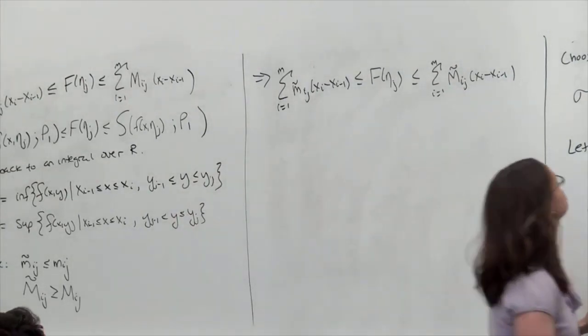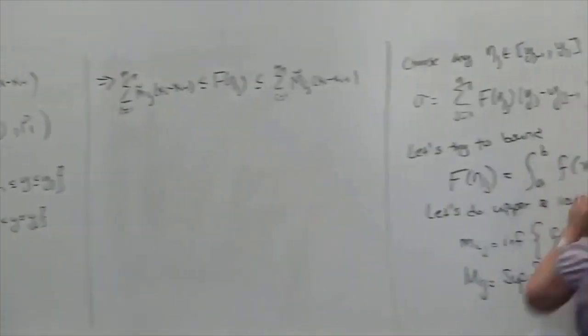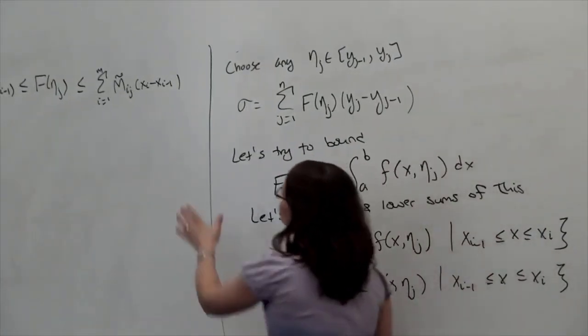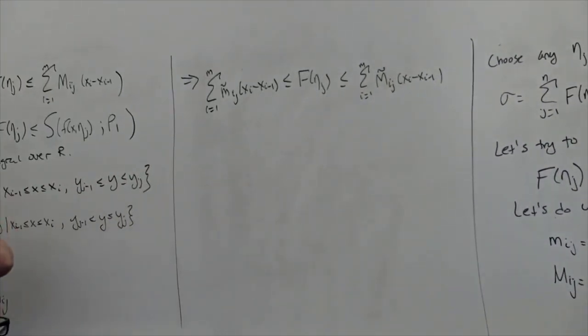Okay, so what do I need to do this? I need to take that capital F, I need to multiply it by this y spacing and sum them all up. So that's what I need to do all the way through here. Multiply by the y spacing and sum over all the j's.